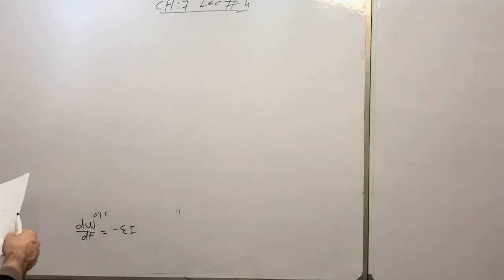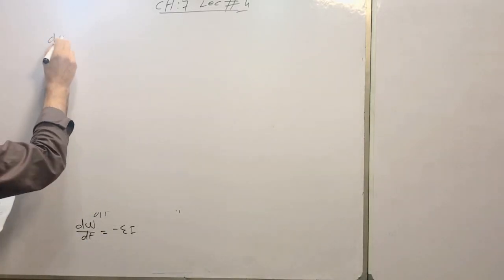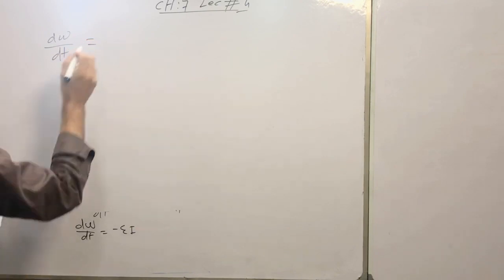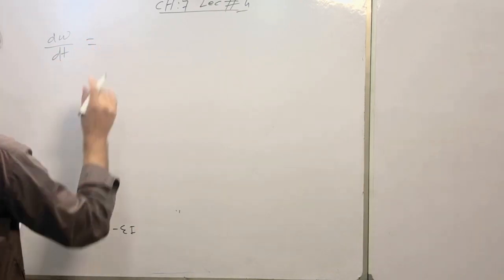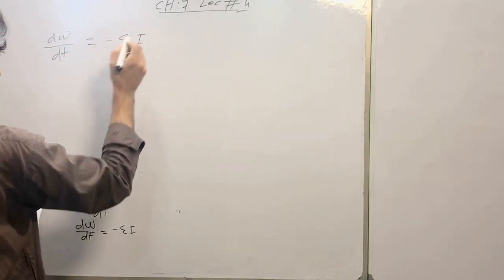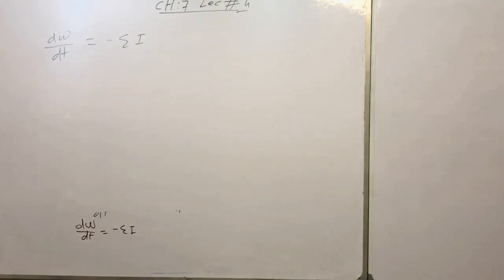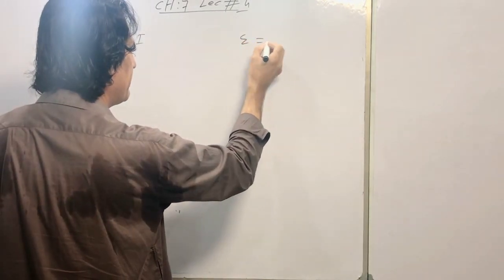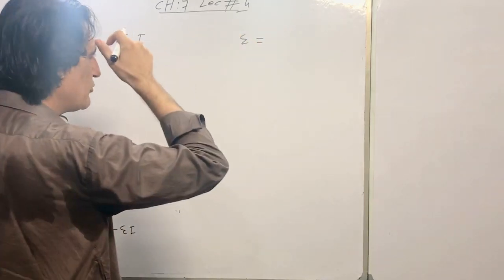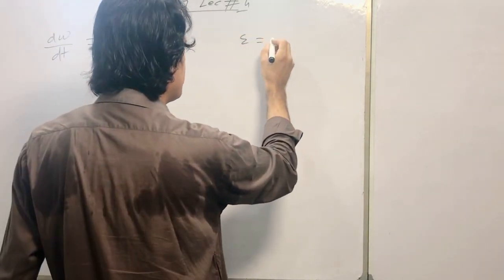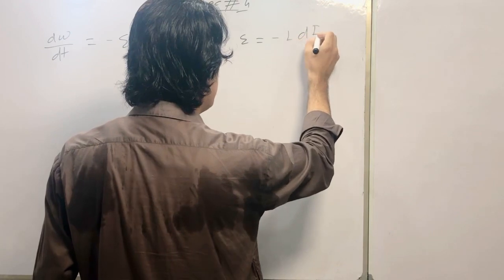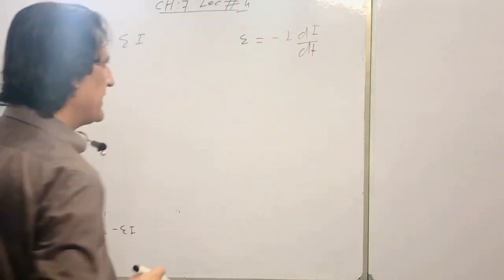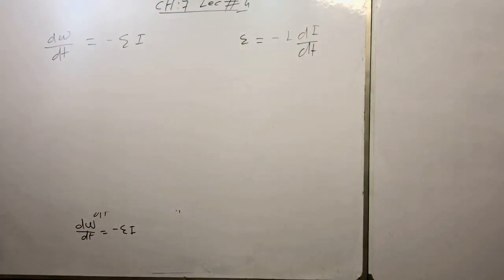It means that dW divided by dt is equal to minus EI. And what is the EMF? If you have only one loop, one circuit, then the EMF must be minus L dI divided by dt, where L is the self-inductance.